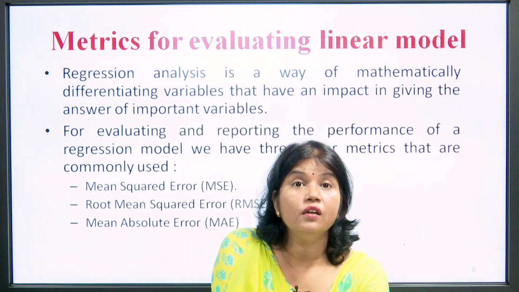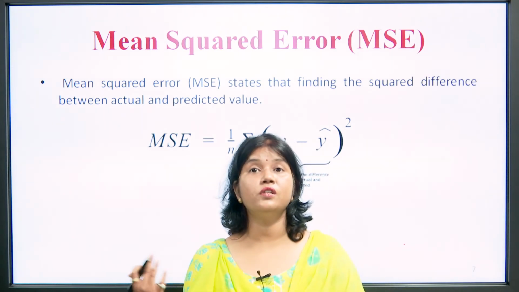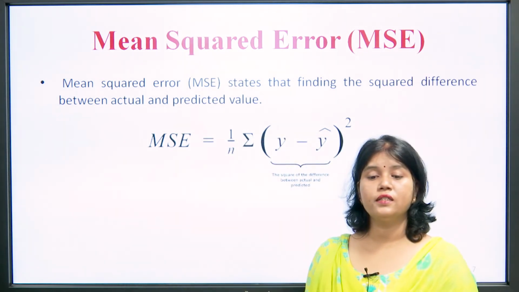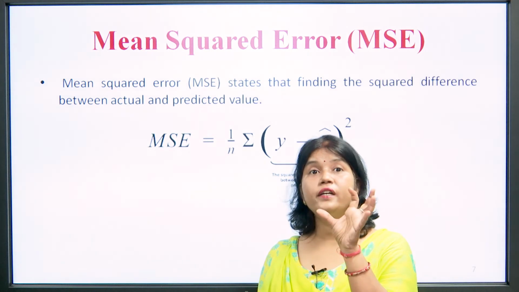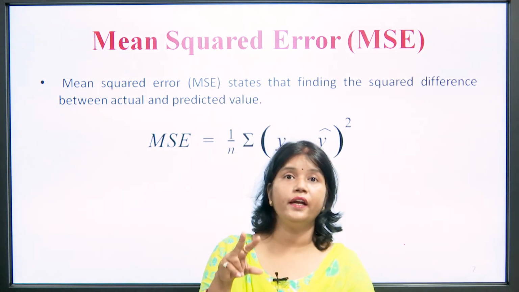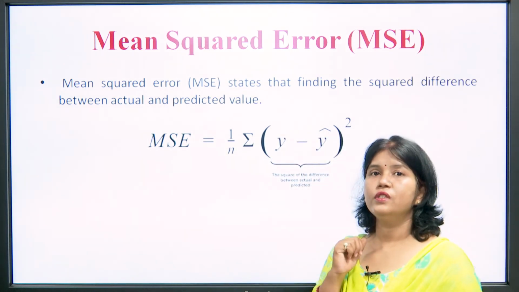So, how is mean square error calculated? Mean square error is the squared difference between the actual and predicted value, isn't it?